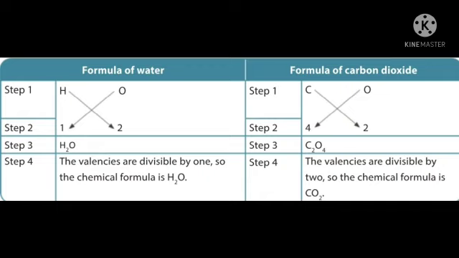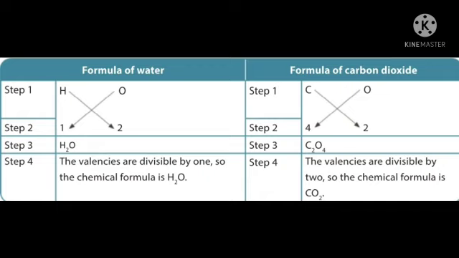Oxygen valency is 2. Now interchange the valencies. So H2O1. The 1 we can leave, so H2O. That is the chemical formula for water.